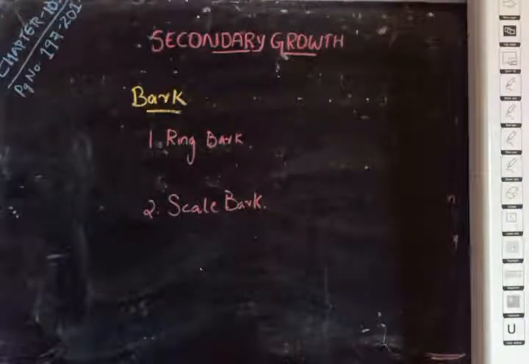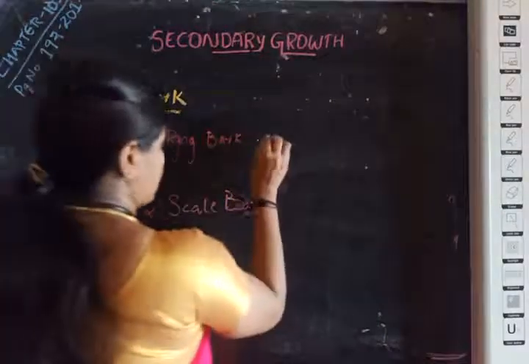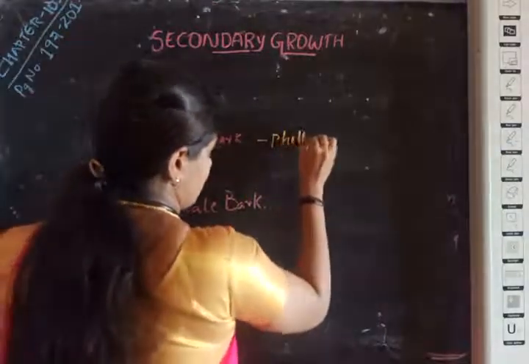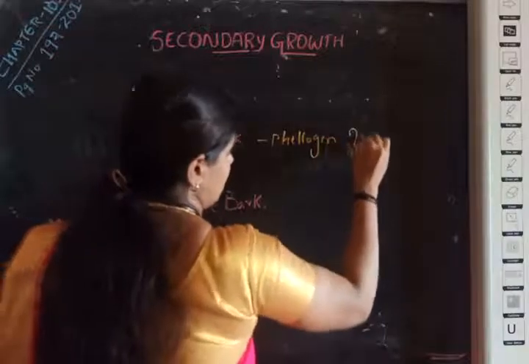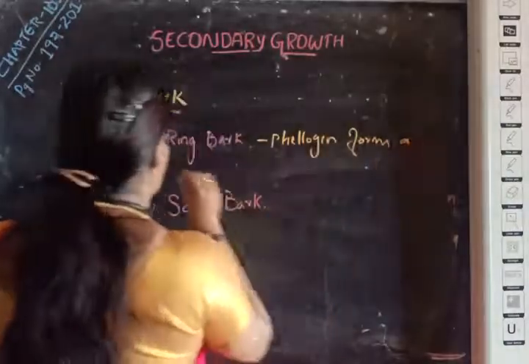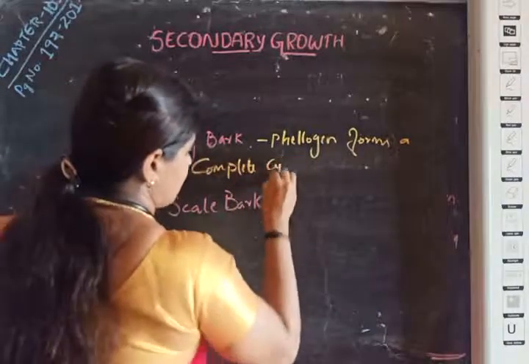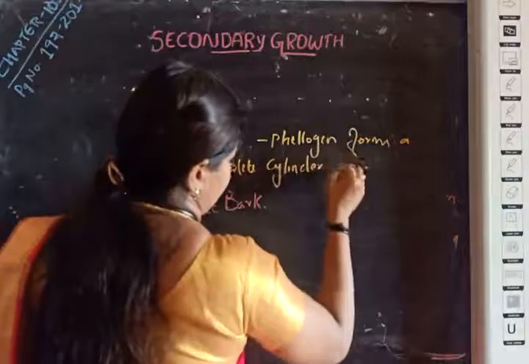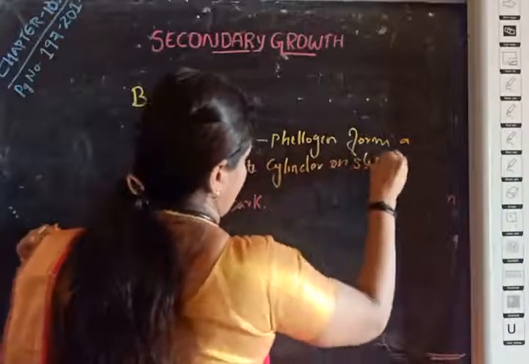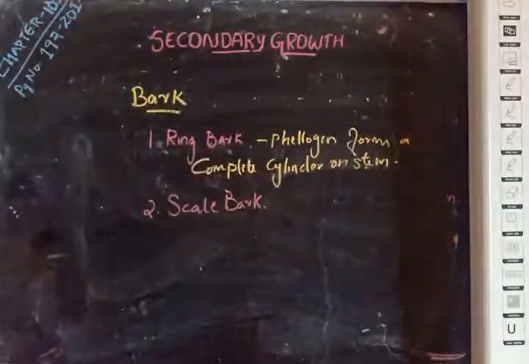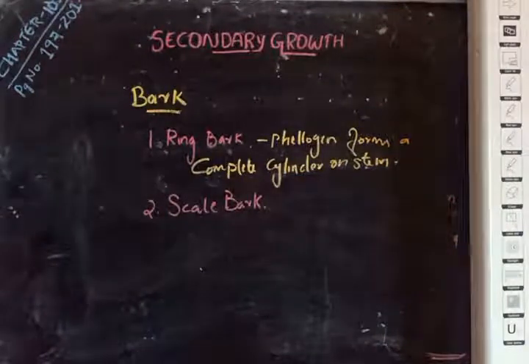Ring bark is when the phellogen forms a complete cylinder around the stem, whereas scale bark is formed in overlapping scale-like layers.